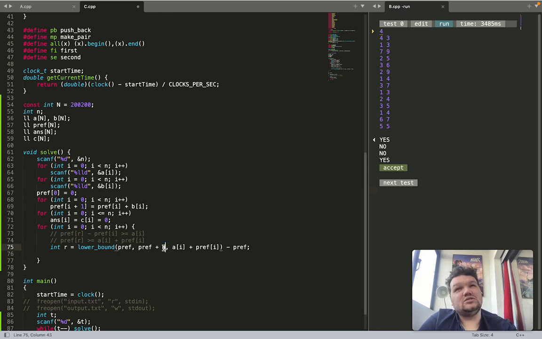No, actually, wait. We have n plus 1 prefix sums, so n means that up to the last one is big enough. N plus 1 would mean that no prefix sum is big enough.